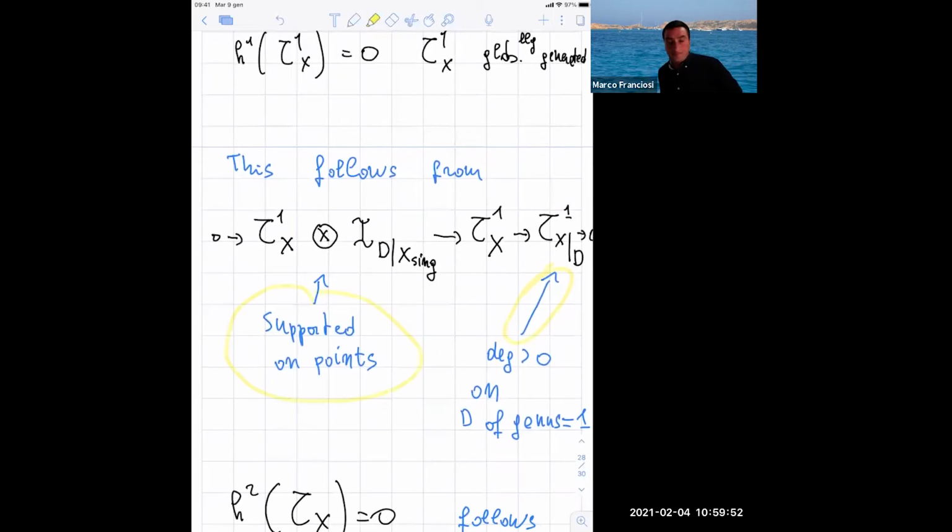So it's easier to see that the vanishing of H1 follows from the vanishing of H1 here, as well as being globally generated.